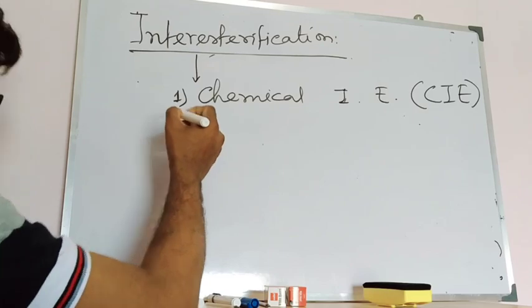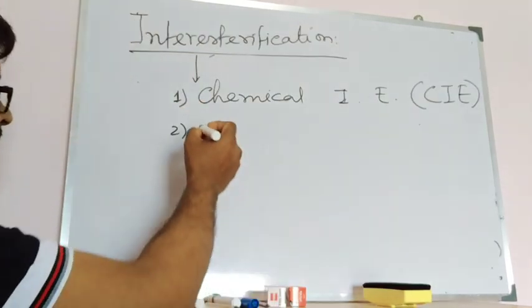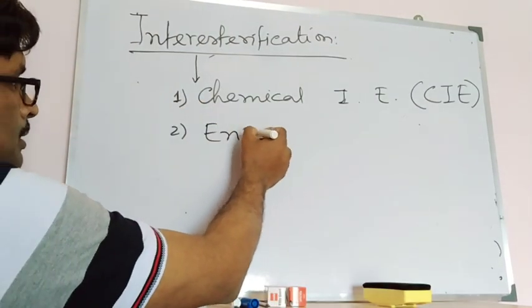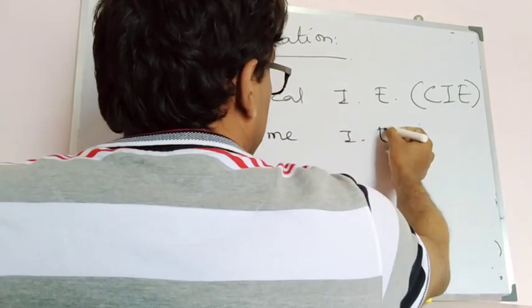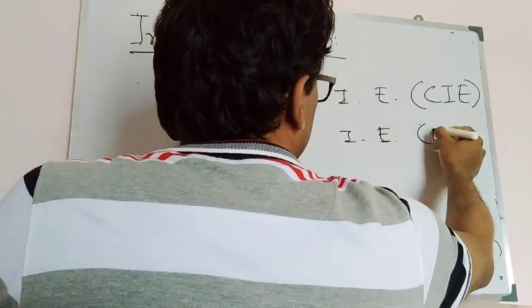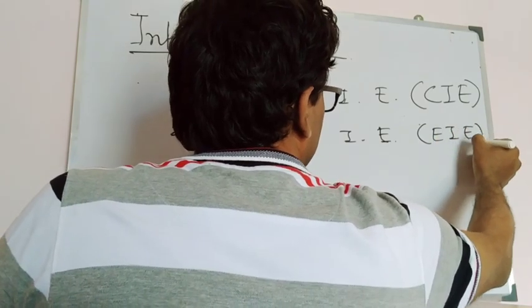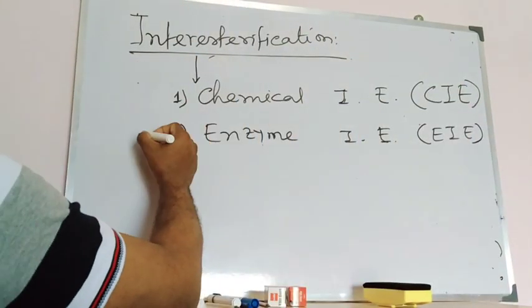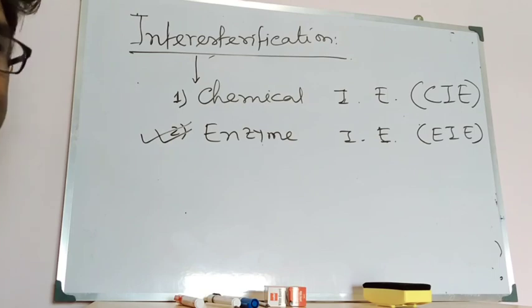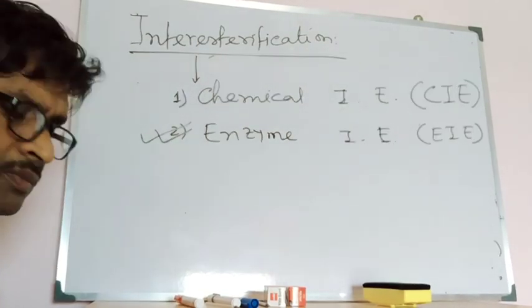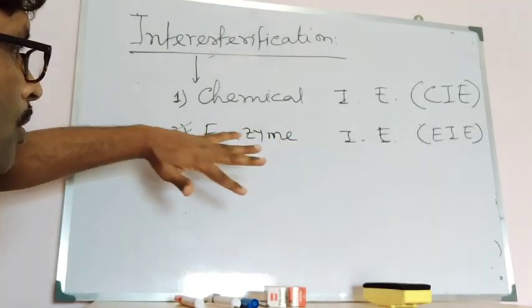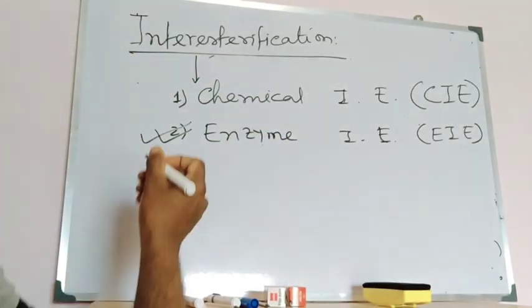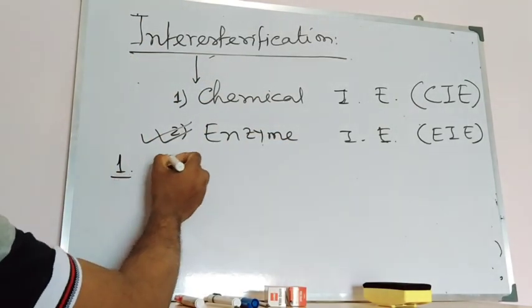The second one is enzymatic interesterification, which we write as EIE. Clearly, this one is the green method, or you can call it cost effective. First we have to discuss the details of number 1, that is CIE.